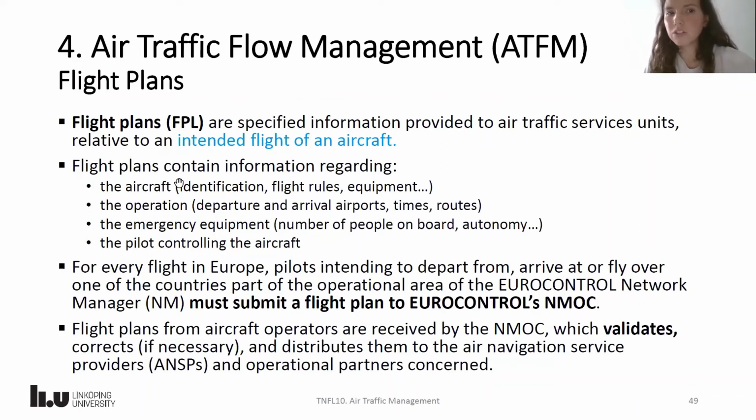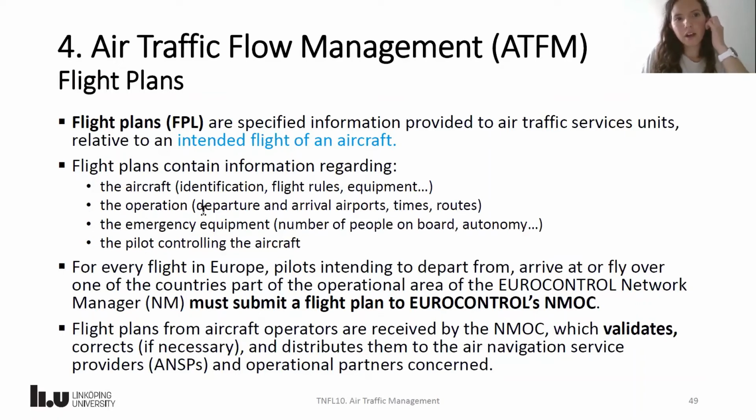It has the information about the aircraft itself, which is the identification, whether it's flying with visual flight rules or with instrument flight rules, and the equipment of the aircraft. So all of that information.